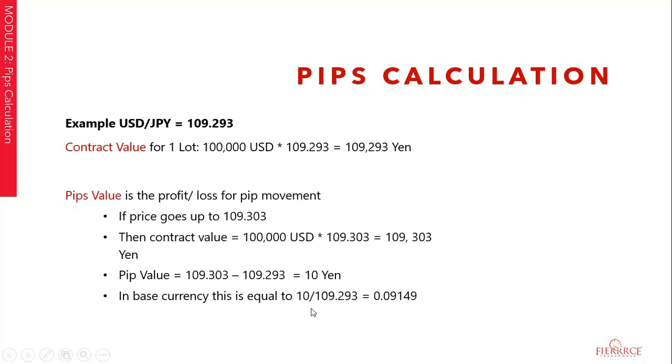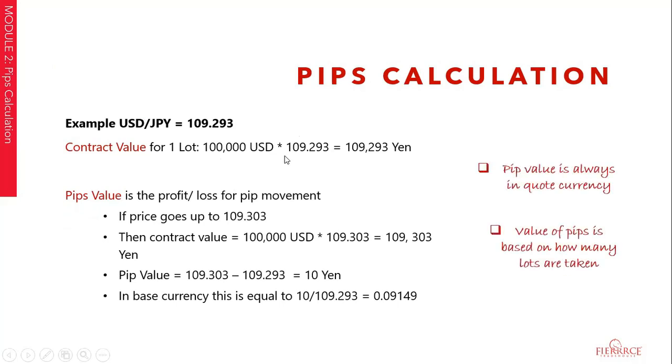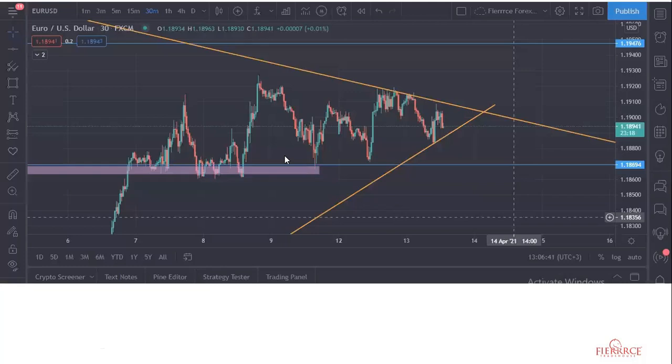You would multiply 10K by 109.293, which would be 10,929.3 yen. The price would be different, and the same with a micro lot.